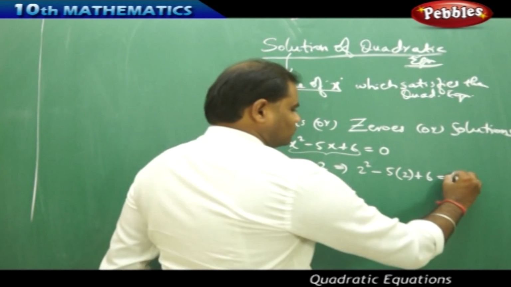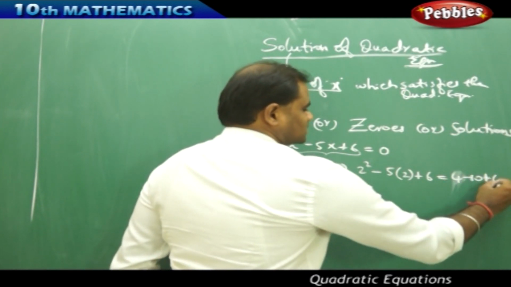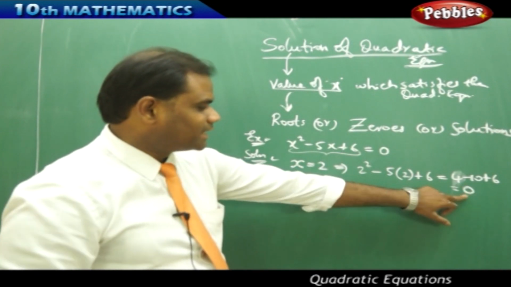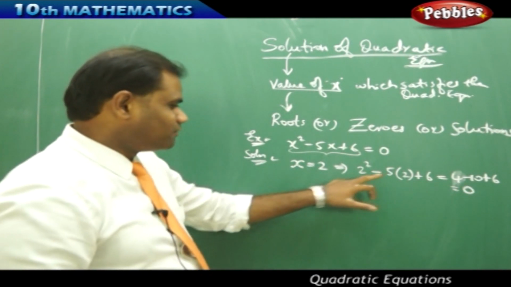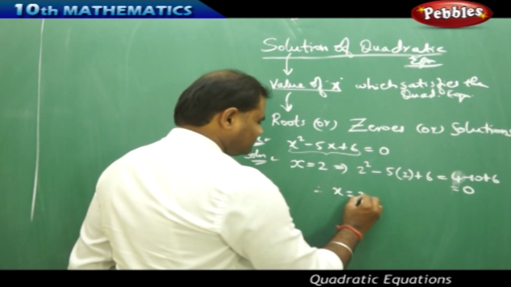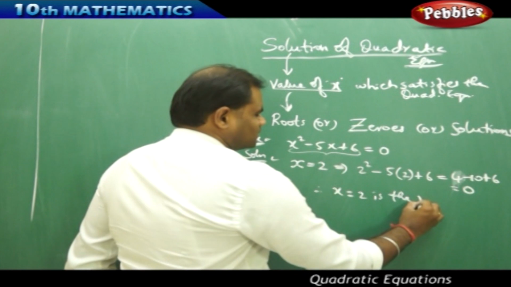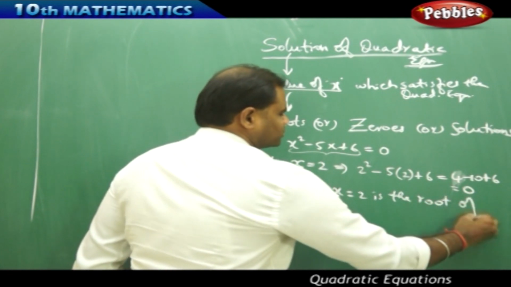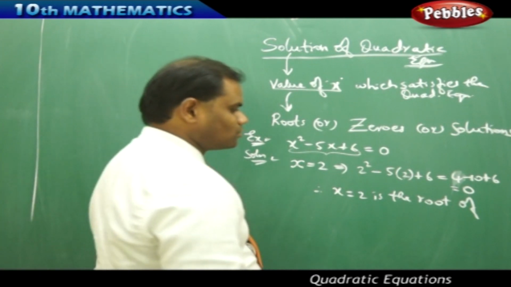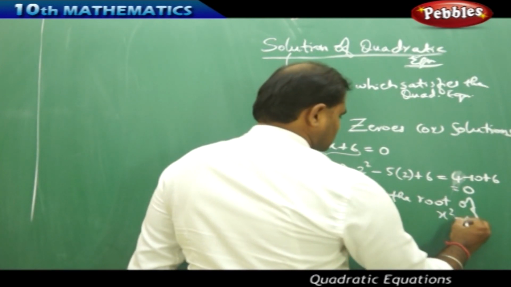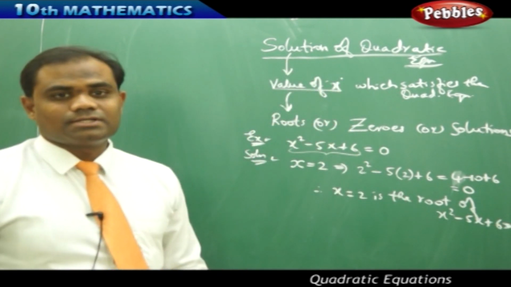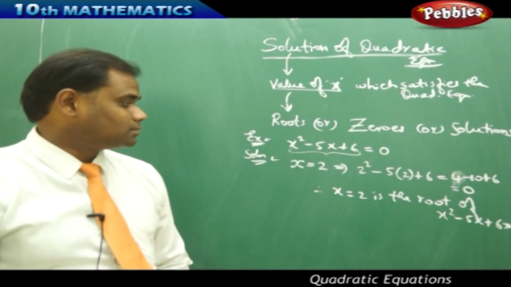Then this is clearly 4 minus 10 plus 6, which is 10 minus 10, and 0. But because I get this equation to be 0 when I substitute x equal to 2, therefore I say x equal to 2 is the root or solution or zero of the given quadratic equation. This equal to 0 is how I understand the solution.